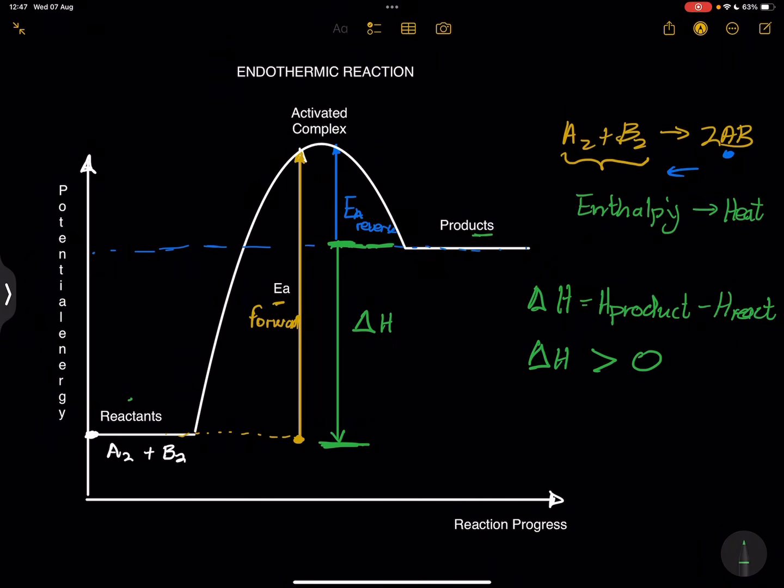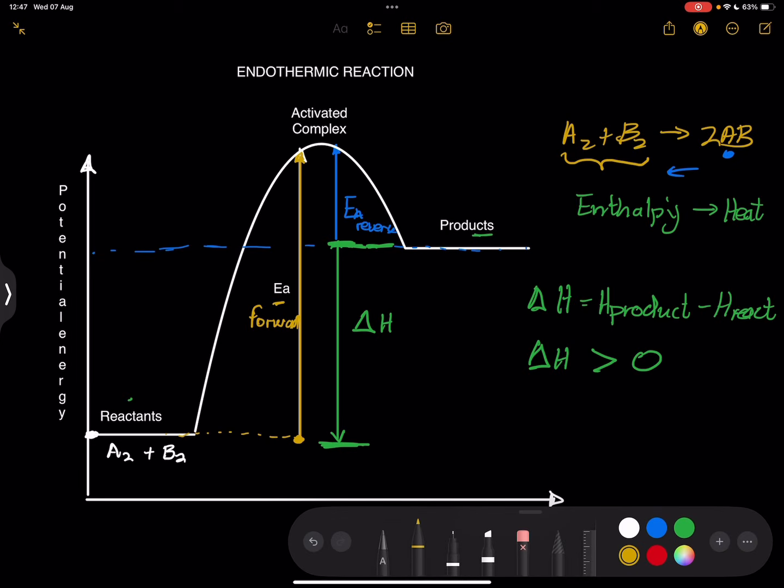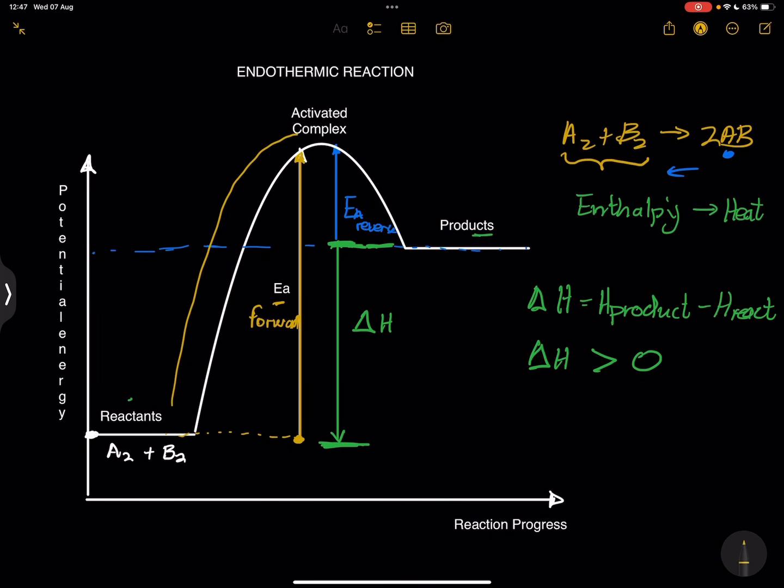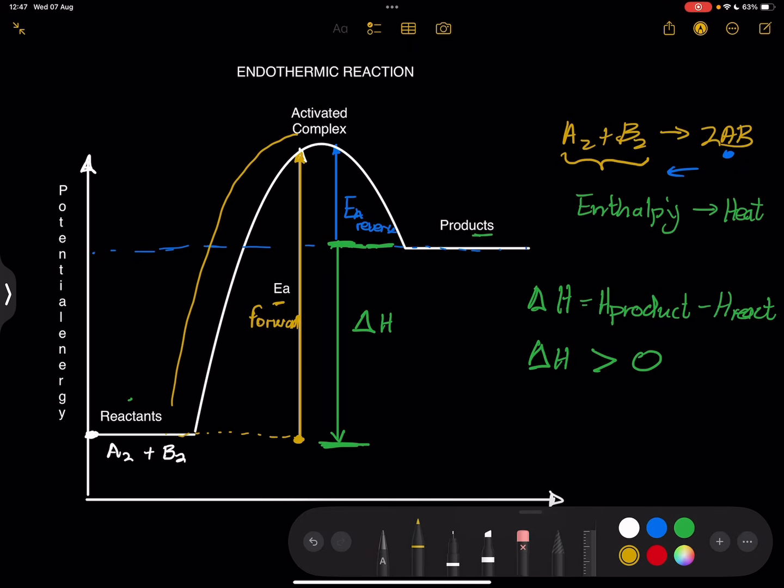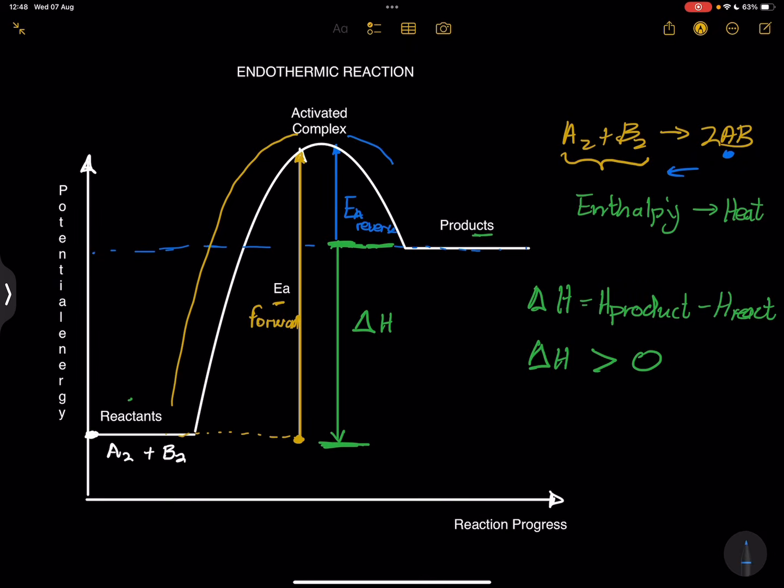So look at what happened. We had more energy that is absorbed and little energy that is released. So in the process of bond formation, we released energy, but there is less energy that is released, and there is more that is absorbed. And as a result, we say that the net energy, in this case the enthalpy change or the heat, will actually be positive. It is an endothermic reaction.